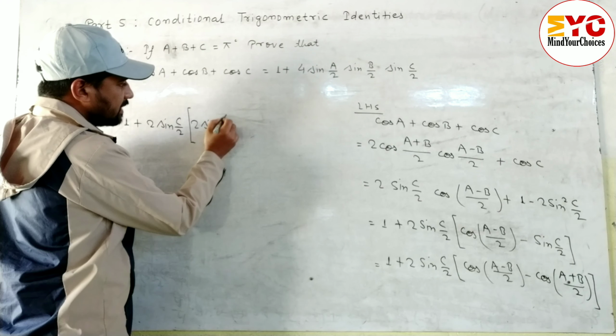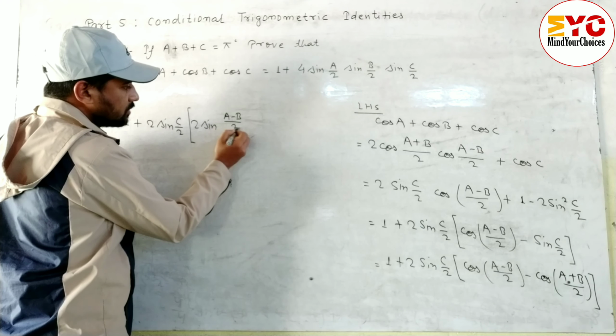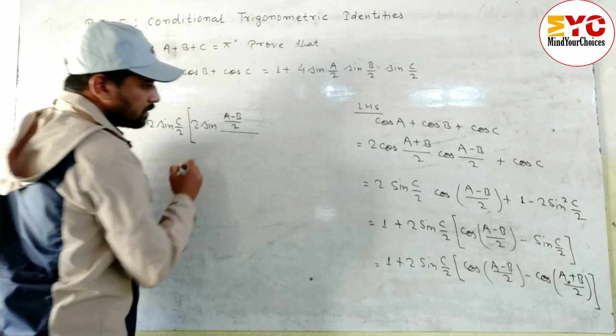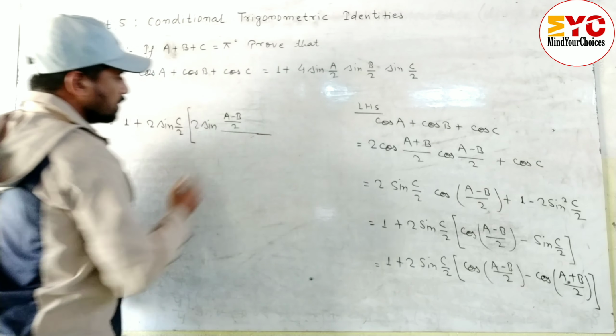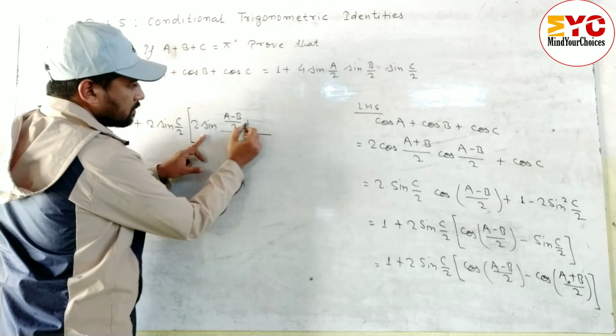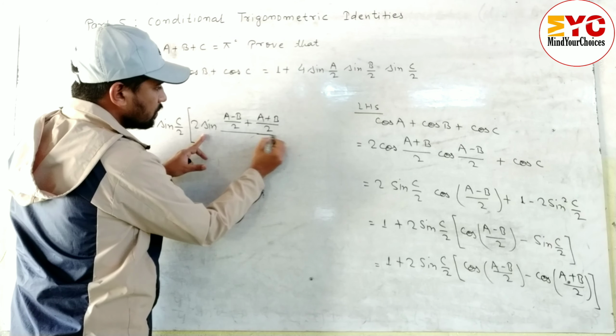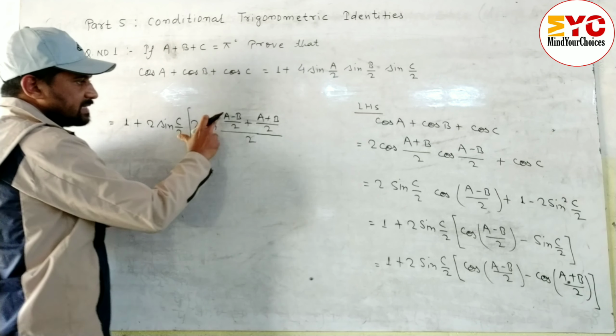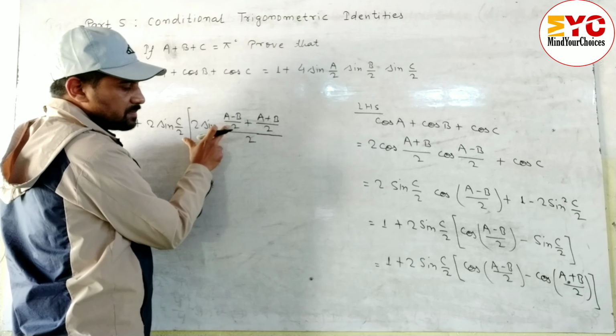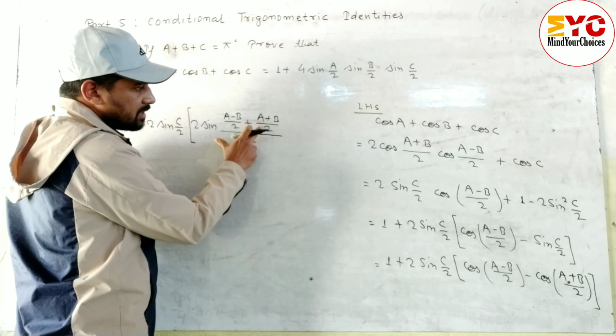C means a minus b by 2 plus a plus b by 2, all by 2. 2 sin c plus d by 2, c means a minus b by 2 and d means a plus b by 2.